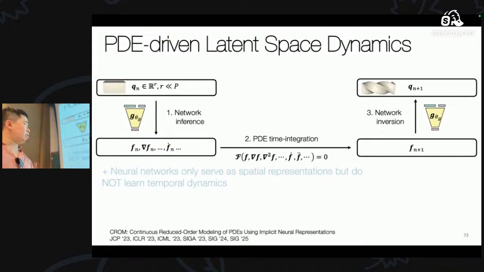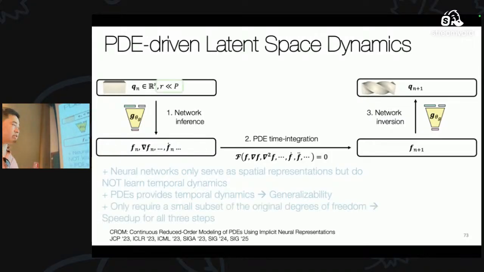Again, the neural network only serves as a spatial representation. This goes back to what I talked about earlier: we're not trying to replace the entire solver with a neural network. The neural network is only asked to give us a low dimensional representation. It's not asked to learn the dynamics. Dynamics still use PDEs, and PDEs provide these temporal dynamics, which is very strong structure, so it allows for generalizability, as we'll see later.